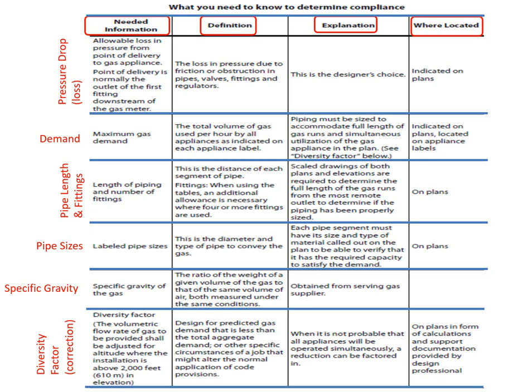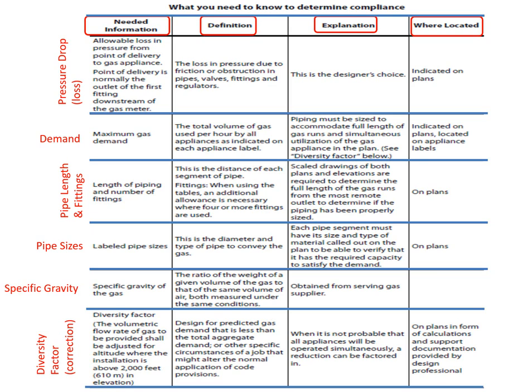Different types of piping materials are indicated in our gas code, and we will look at those different types of approved piping materials shortly. The explanation. Each pipe segment must have its size and type material called out on the plan to be able to be verified that it has the required capacity to satisfy the demand. This is required on the plans and construction documents.